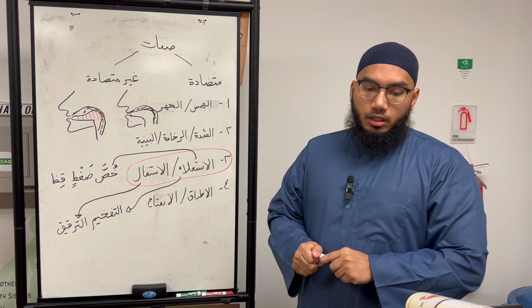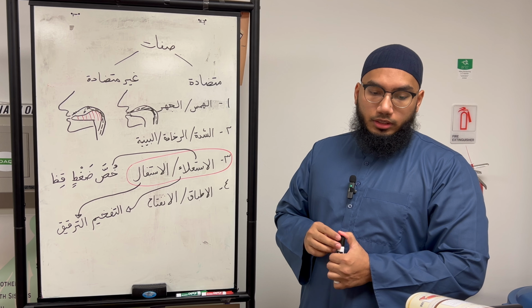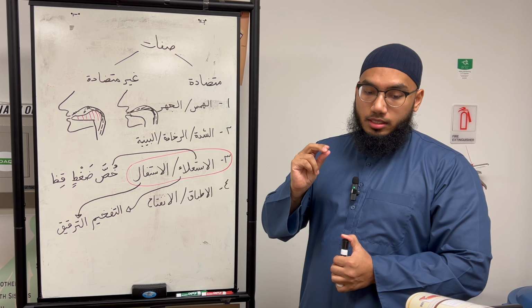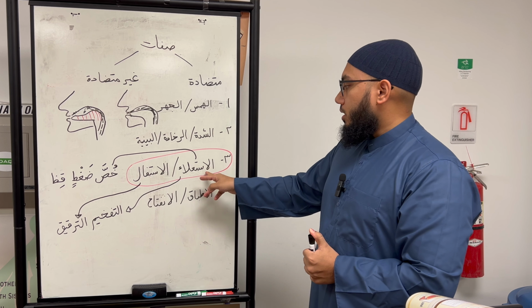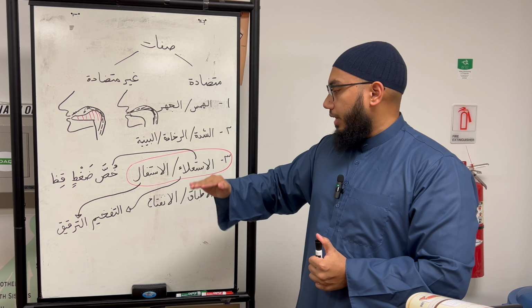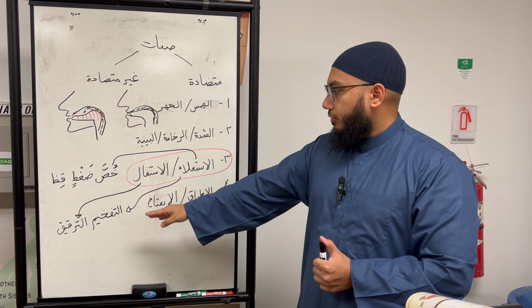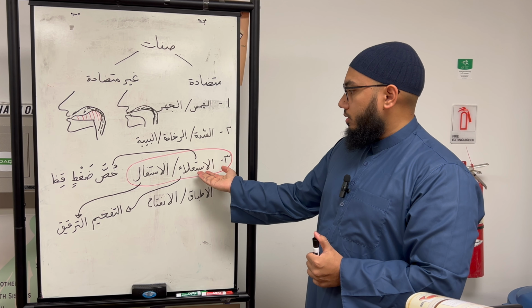What is tafkhim? It is the thickness of the tongue. Or rather, it's not the thickness of the tongue, it's the thickness of the sound that is caused by the thickness of the tongue. So isti'la is the thickness of the tongue. Istifal is the flatness of the tongue. Tafkhim is the sound which results from the thickness of the tongue.